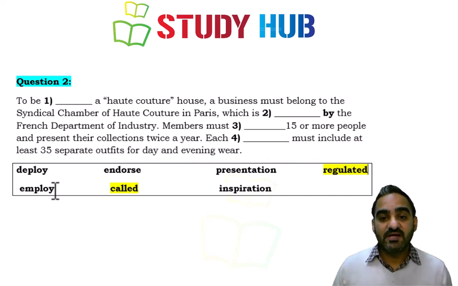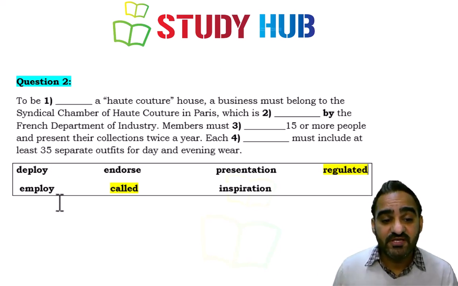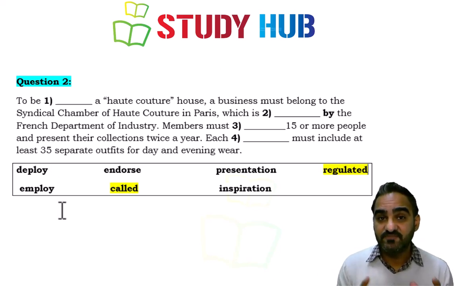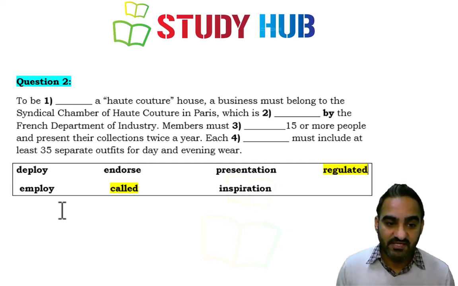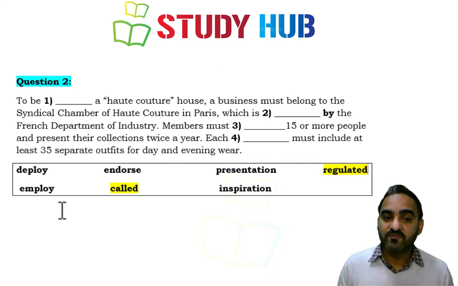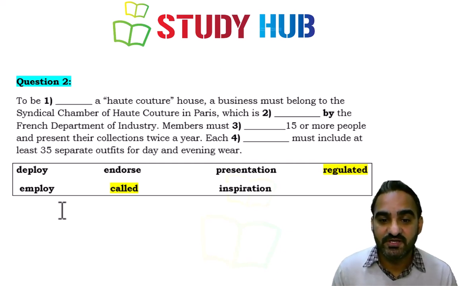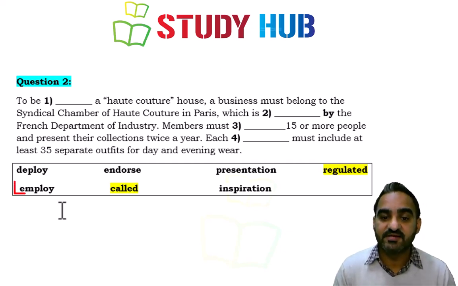Now as per the trick, or as per the logic, go for the easiest word first and see if that is the answer. And mostly the easiest word is the answer. The other words are just to trap you, and you might start feeling okay, it has to be endorse or deploy. But first we'll look at the easiest one, in this case the one that I'm very familiar with, and that is employ.